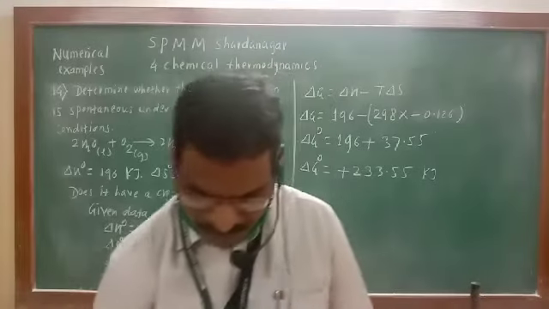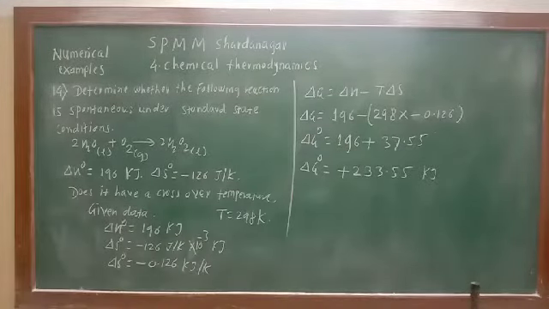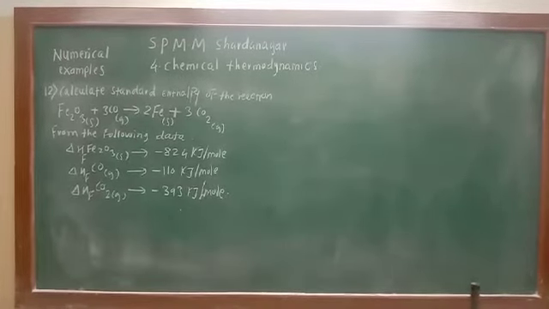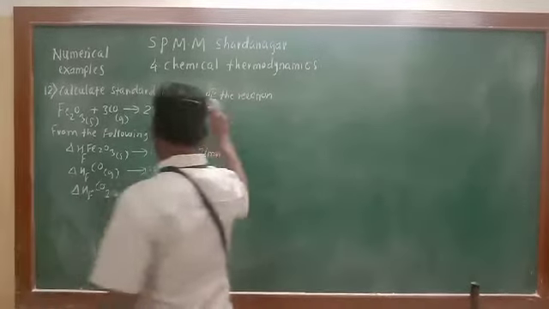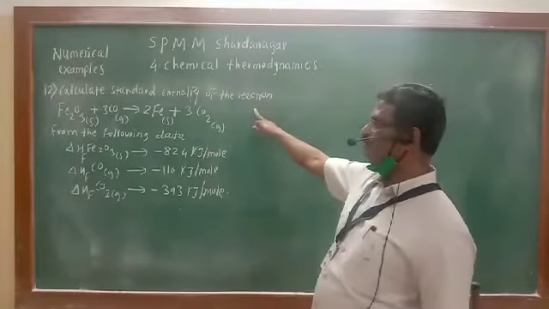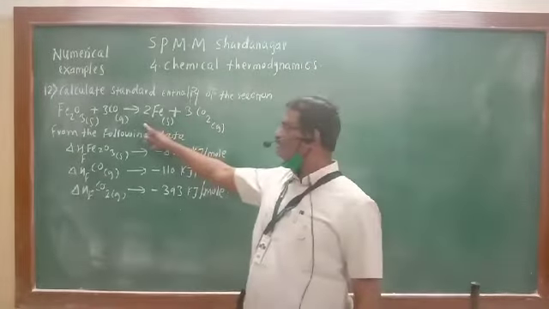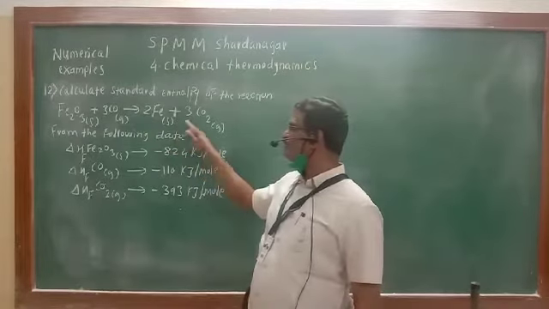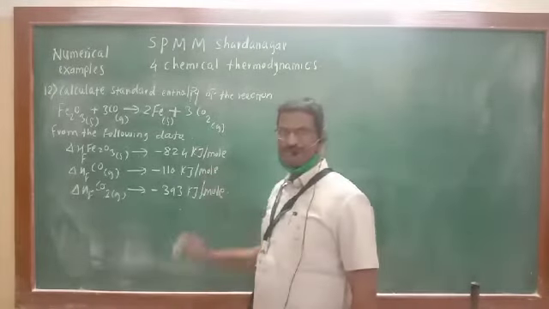Now let us see problem number 12. Calculate the standard enthalpy of this reaction: Fe2O3 solid plus 3CO gas giving 2 Fe solid plus 3 CO2 gas, from the following data.